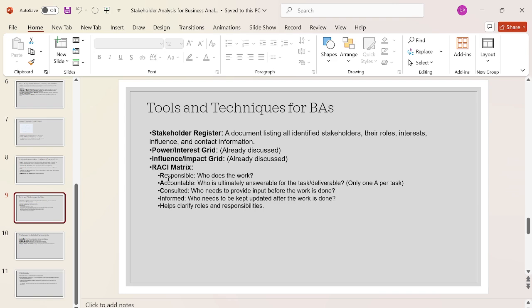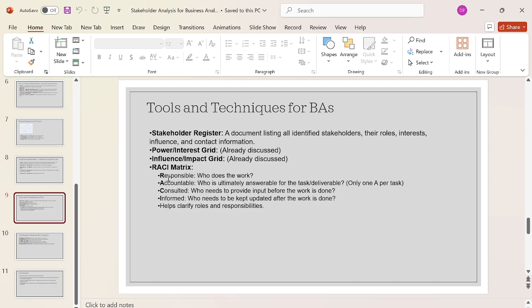Responsible is who does the work, like the development team who are actually doing the work, or the business analysts who gather and analyze the requirements, or the tester who does the testing. Then the accountable person is ultimately answerable for the task or deliverable, like the project manager, the development lead, the testing lead or the quality tester.